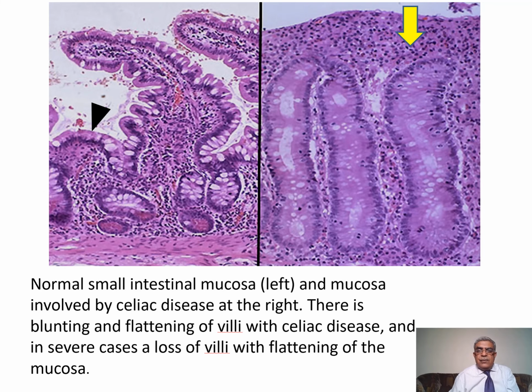Now, there's a photograph which is showing the normal architecture of the small intestine. The mucosal folds are thrown into villi, whereas on this side, shown by the yellow arrow, there is loss of villi and flattening of the mucosa.